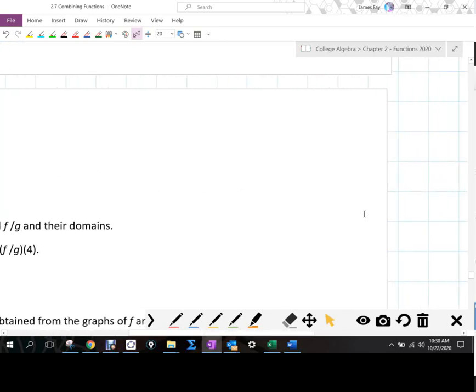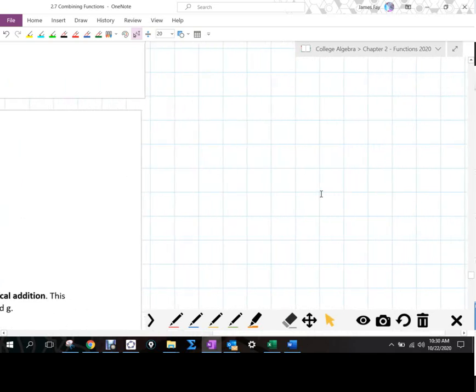Okay. So I'm just going to come to the side here, give myself some room. We had f of x equals 1 over x minus 2, and we have g of x equaling radical x. Okay? Several ways of doing these domains and structuring them so that it makes sense to you.